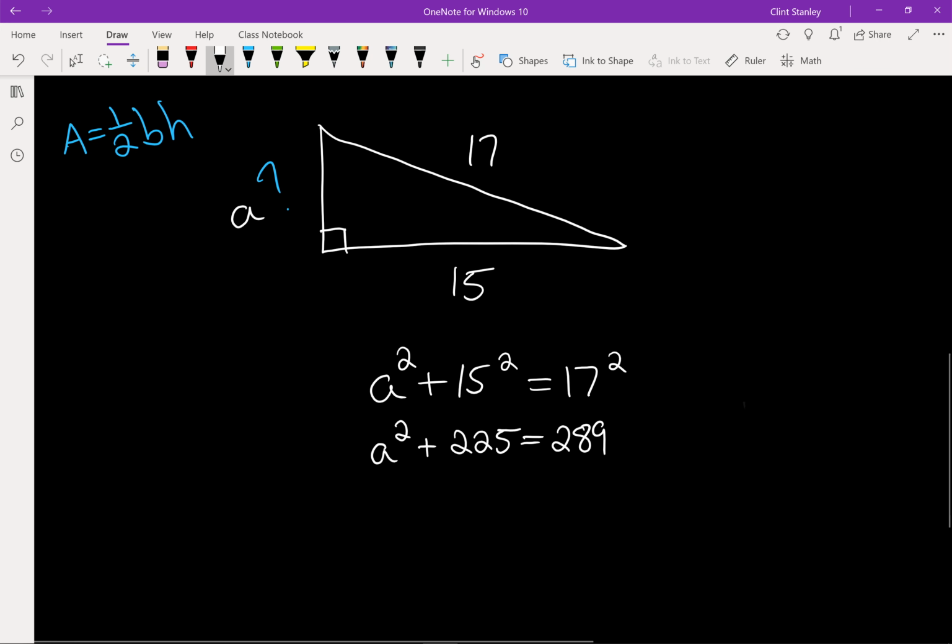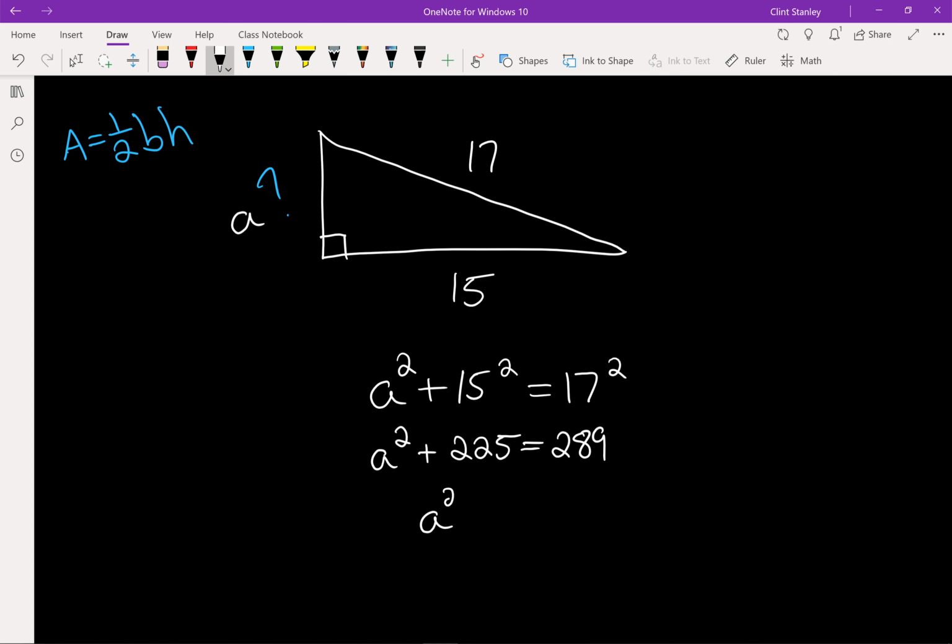So if we subtract 225 from both sides, we can figure out that our side squared is 64. So if we take the square root, A is 8. This side up here is going to be 8. And now we just plug into our formula.